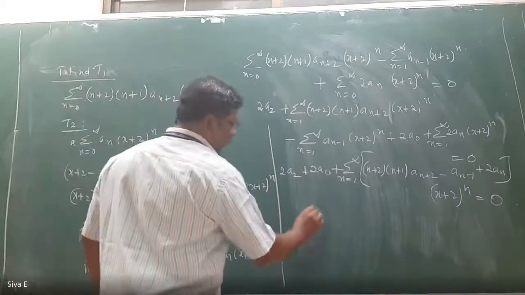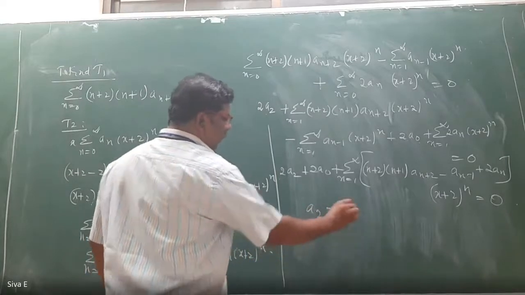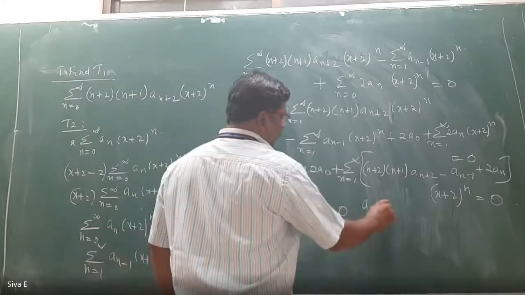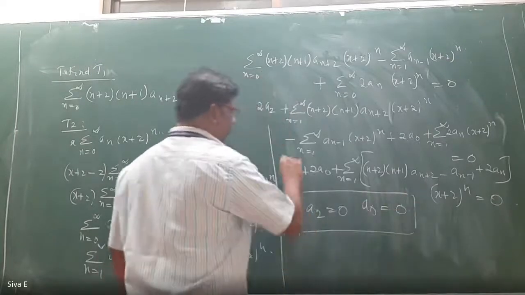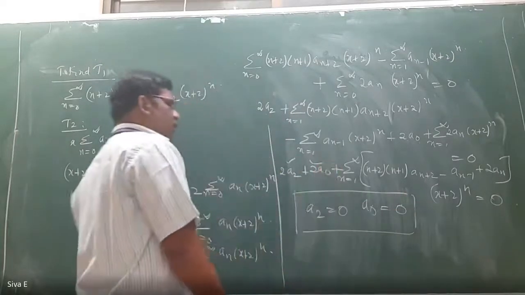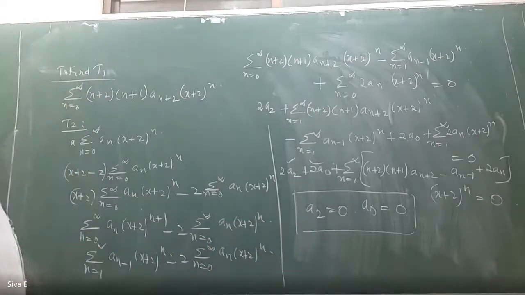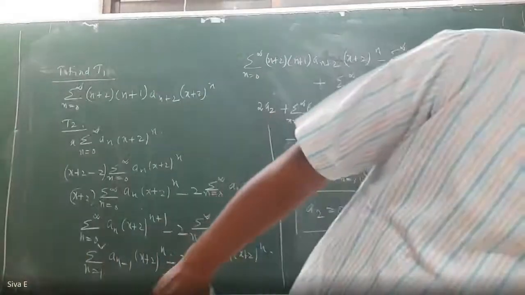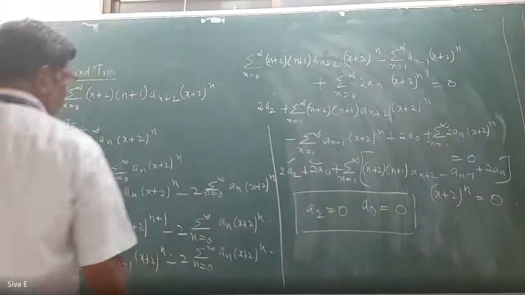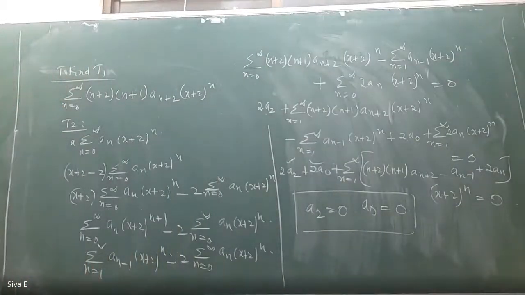So here clearly we can see that a2 equal to 0, a0 equal to 0. From this, a2 equal to 0, a0 equal to 0. Remaining is the recurrence relation. So the recurrence relation you have to write in terms of, which is the highest one? a_(n+2).